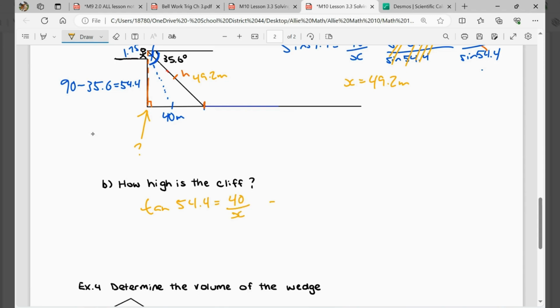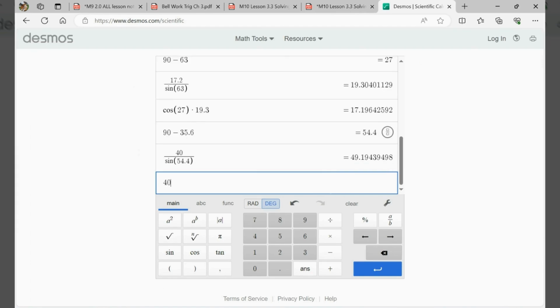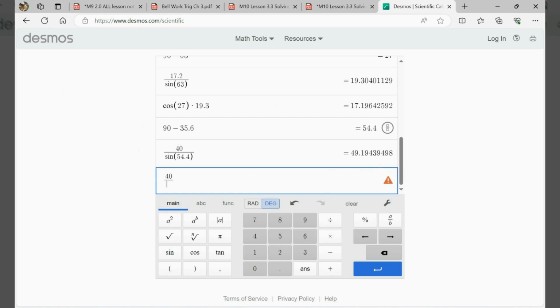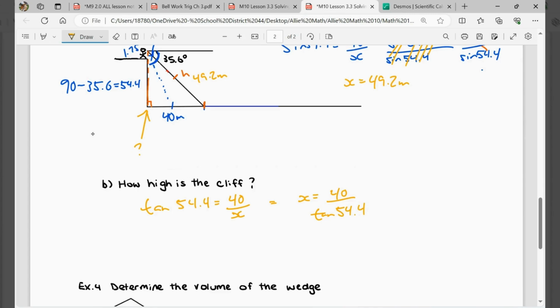That means that x is going to equal 40 over tan 54.4. So let's do that. 40 divided by tan 54.4 equals 28.6. So x equals 28.6.